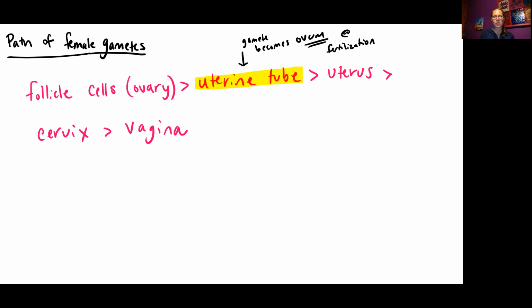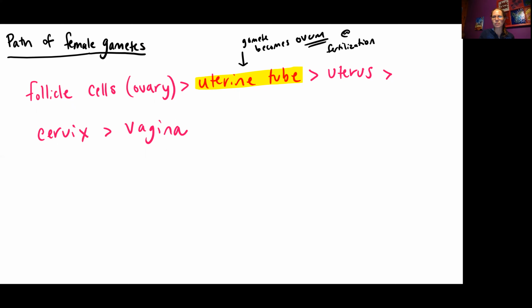it a secondary oocyte, and it's not going to actually finish meiosis II until fertilization has occurred, and fertilization occurs in the uterine tube. From there, we would see a zygote traveling to the uterus.